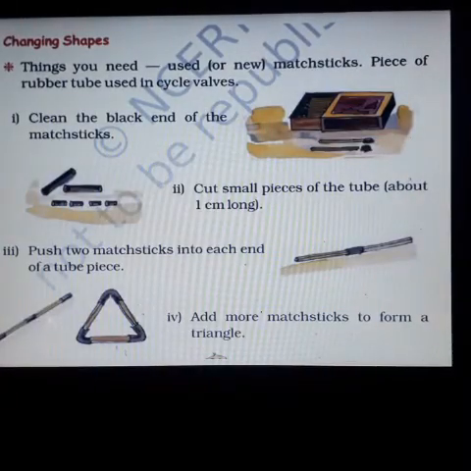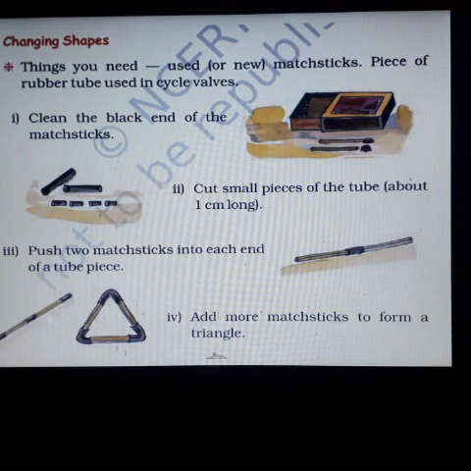Now, changing shape. With the help of matchsticks and the rubber tube of a cycle valve you can also make a shape. How? Let's see what things we require. Things required are matchsticks and rubber tube of a cycle valve. Let's understand the procedure.